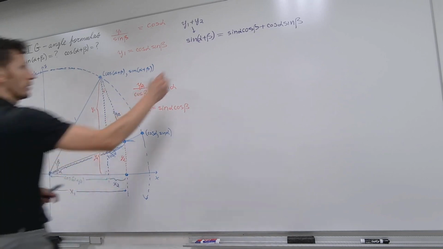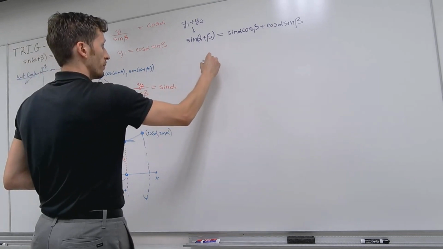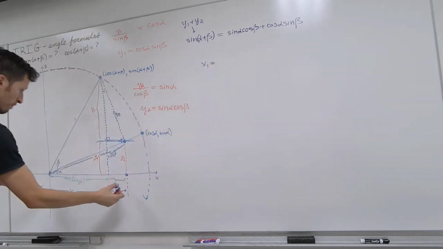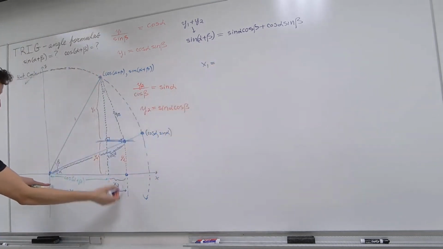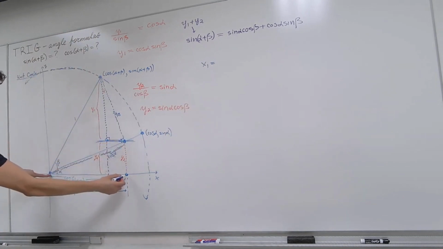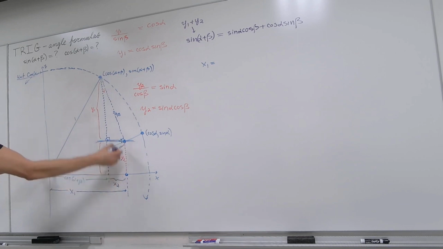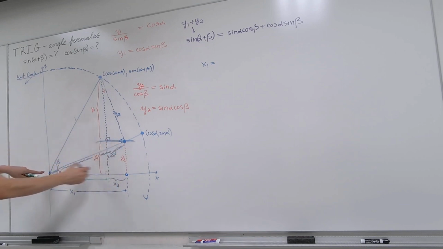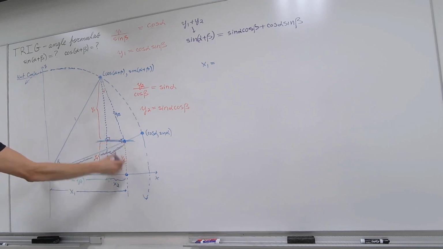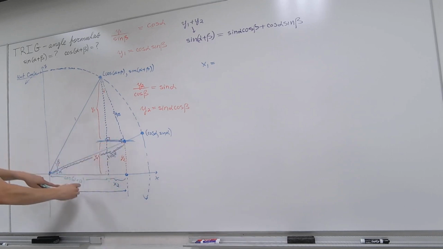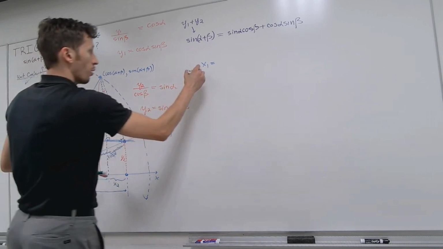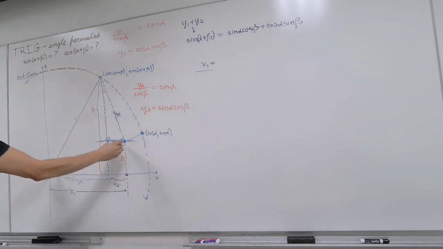Well, what is x1? If we do x1 over the hypotenuse, the adjacent over hypotenuse, that's going to be cosine alpha, right? Cosine of this angle is adjacent over hypotenuse for that triangle. So x1 over, what we call this to be, cosine beta, remember?